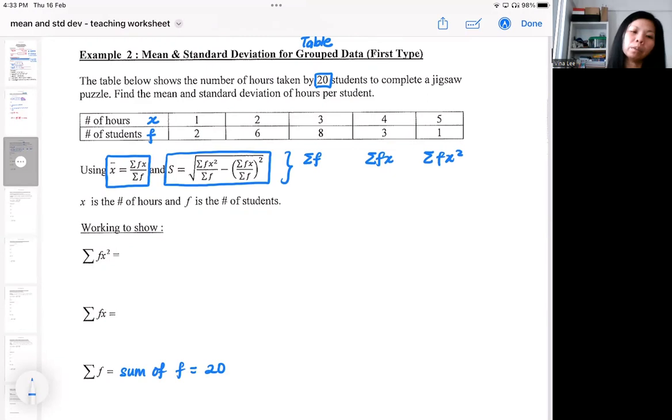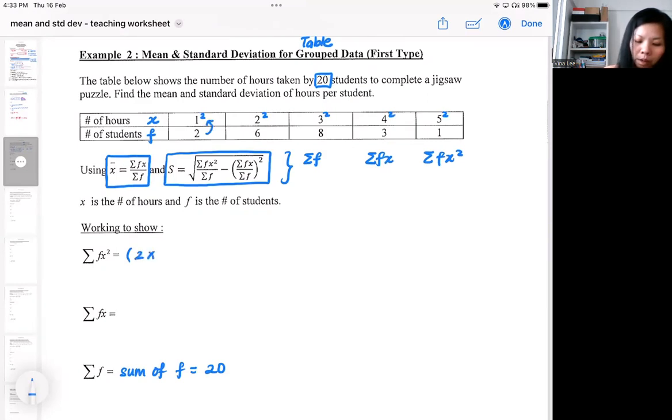Currently, to me, the obvious one is sum of f because there are 20 students. Sum of fx squared, I don't know yet, so I have to calculate. So how do you calculate? It's f times x squared. So you are squaring the x, then you multiply.